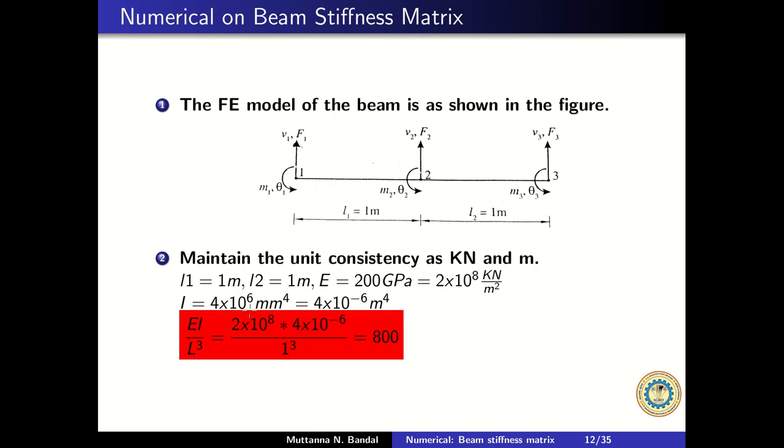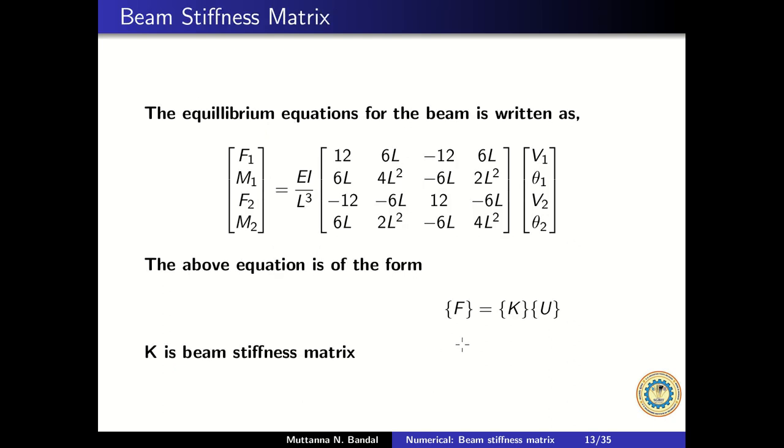I is equal to 4 into 10 raised to 6 mm raised to 4, equal to 4 into 10 raised to minus 6 meter raised to 4. So I'll calculate EI by L cube. Upon simplification, I will get 800. Once this is done, let's substitute that in a stiffness matrix.